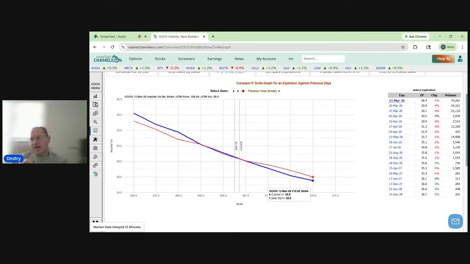This line here tells us where Google is currently. As we go up in strikes, the blue line is below that red line. It shifted lower. That means that the market sold or moved those implied vols down from the previous day.